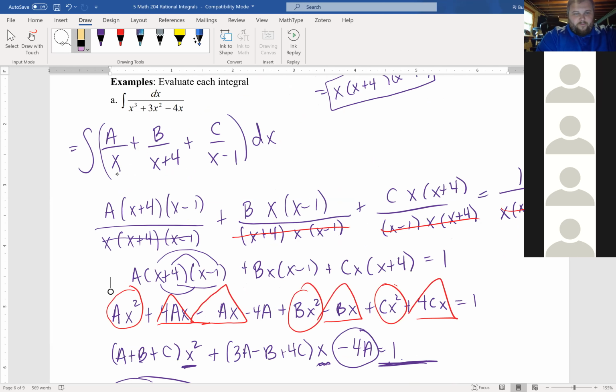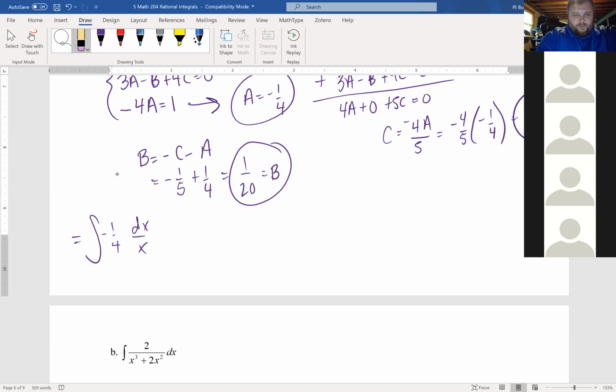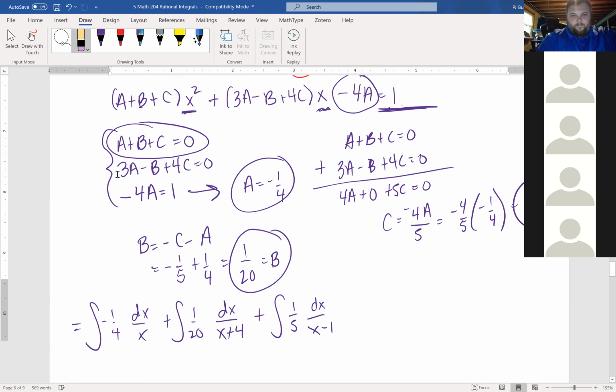Then we need b over x plus 4. That's 1/20. And then finally, we had c over x minus 1 from above.